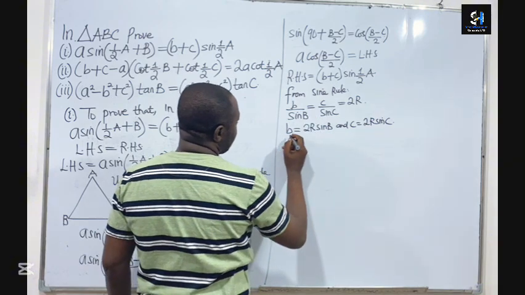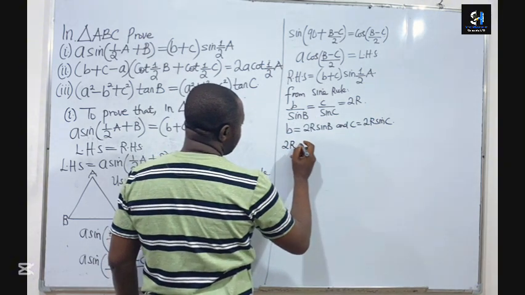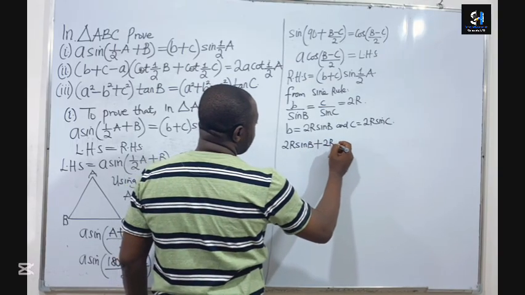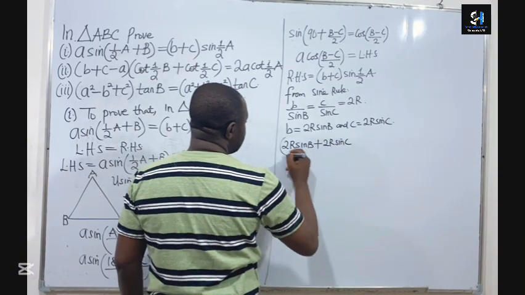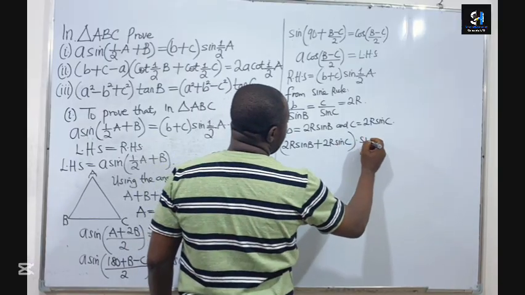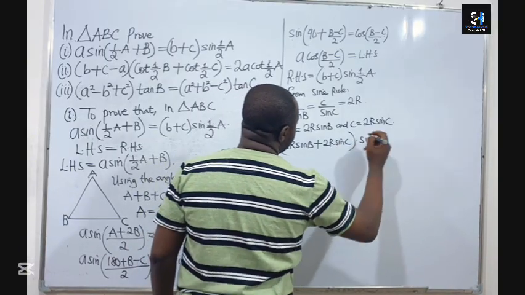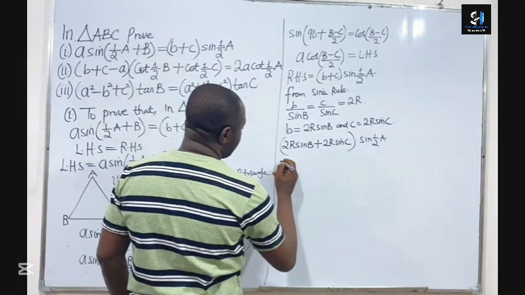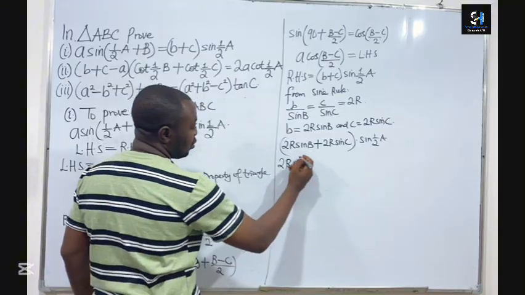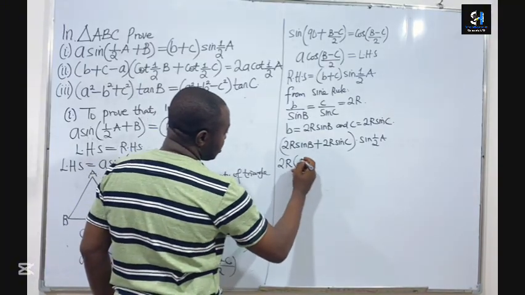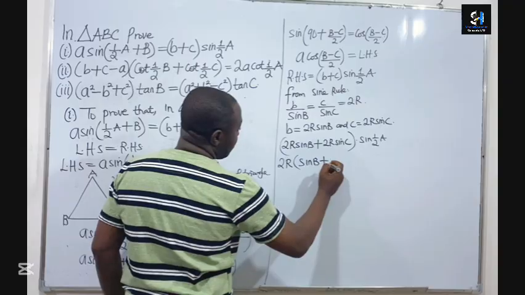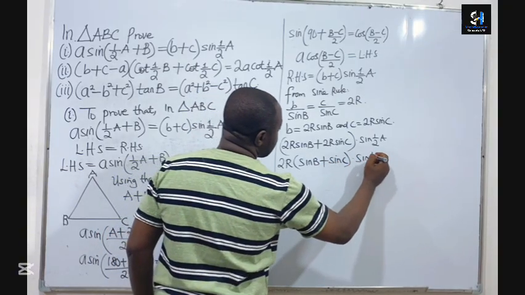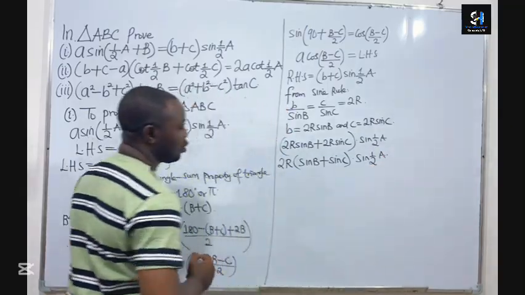So we're going to have (2R sine B plus 2R sine C) multiplied by sine 1/2 of angle A. Now 2R is common, so I'll factor out 2R. So this will be 2R (sine B plus sine C) multiplied by sine 1/2 of angle A.